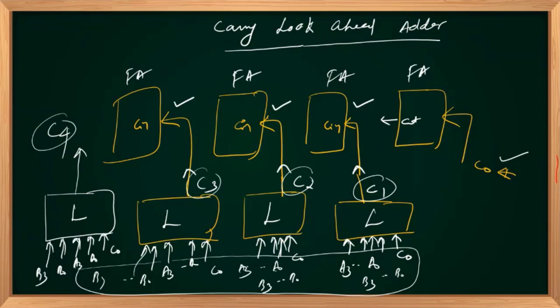A equal to B equal to 1, that stage will generate the carry out. If A and B are different, that stage will allow the input carry to propagate as its own output carry, right? And we defined two functions, carry generating function G and carry propagating function P, right?